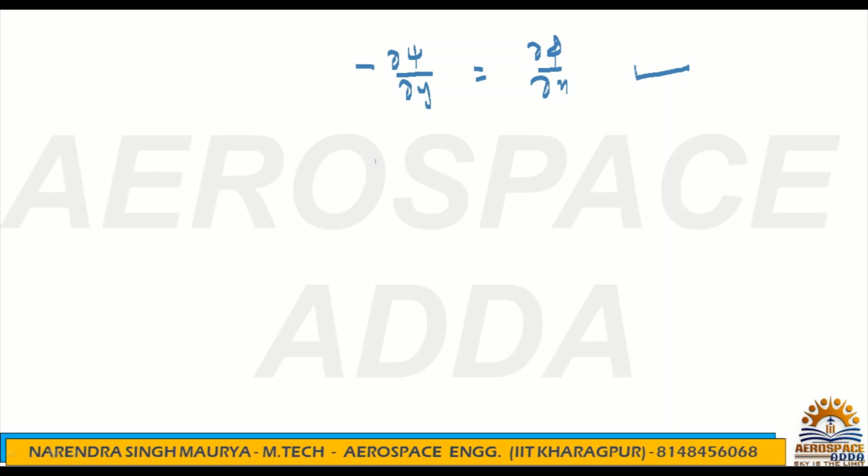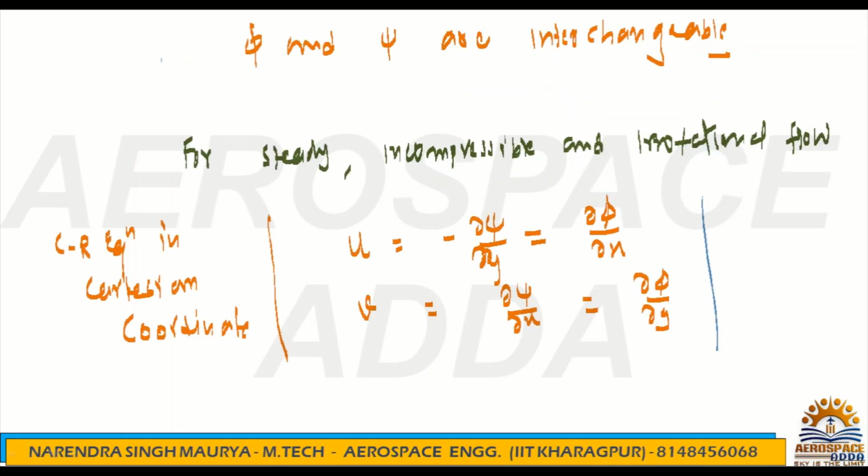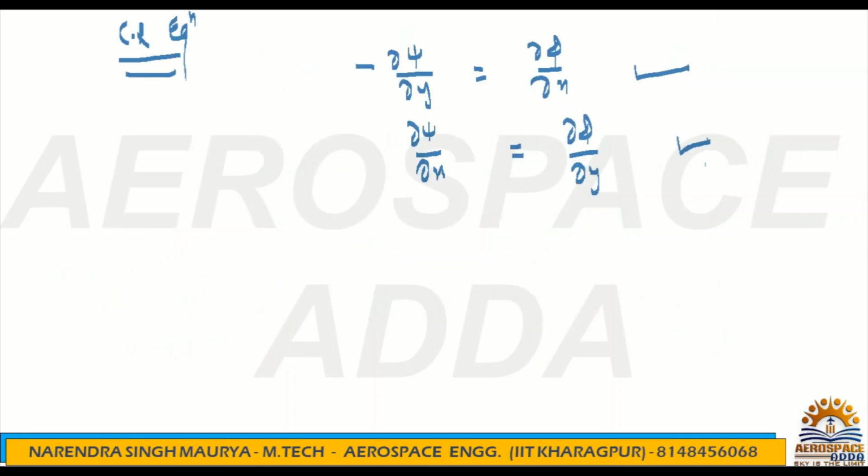This you got from the CR equation, and you can write dou psi by dou x is equal to dou phi by dou y. This is the CR equation. Your psi value and phi value must be interchangeable when there is steady, incompressible, and irrotational flow.